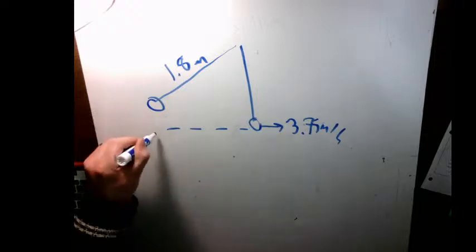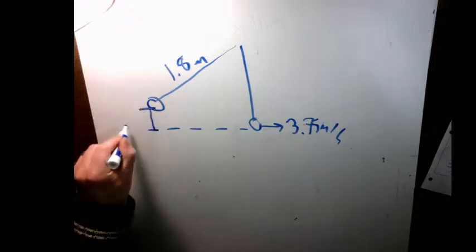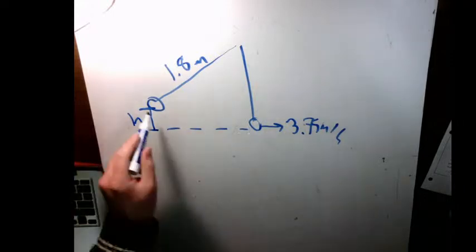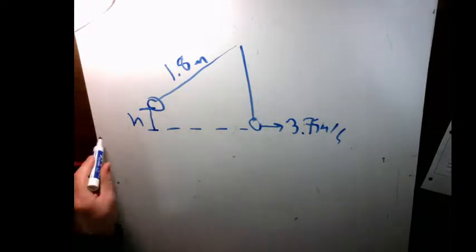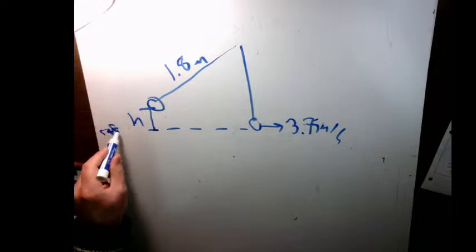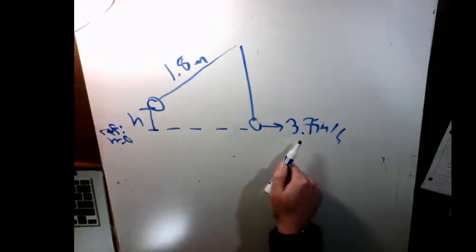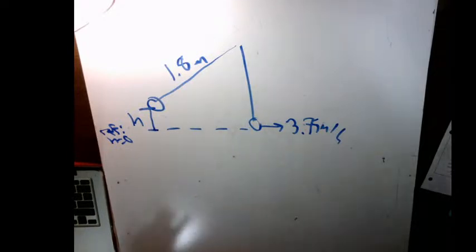So it has some height here, obviously, higher above this reference height. We'll say the reference here is where we're at the lowest point, where we have our maximum speed. So that's an important point, right?